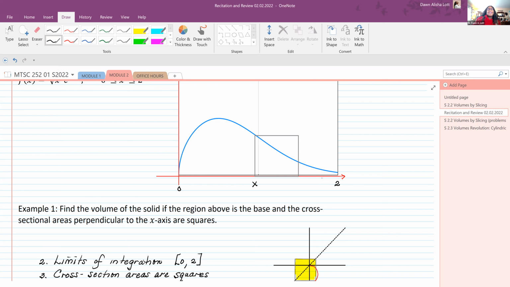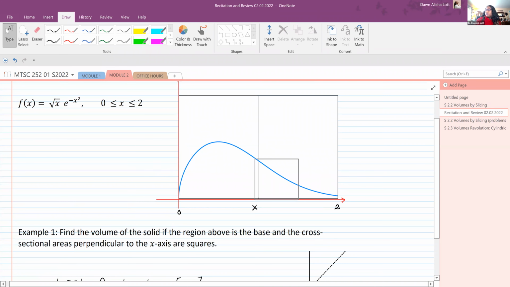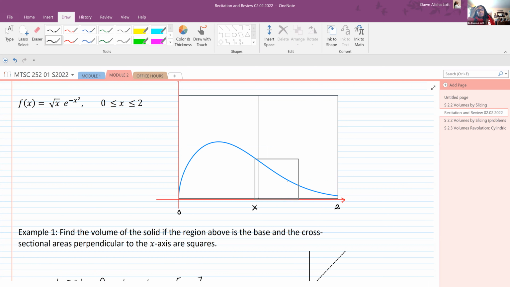And remember, the side on the bottom is the base, and everything's sticking up in the air. So what is the length of one side? Nobody knows?